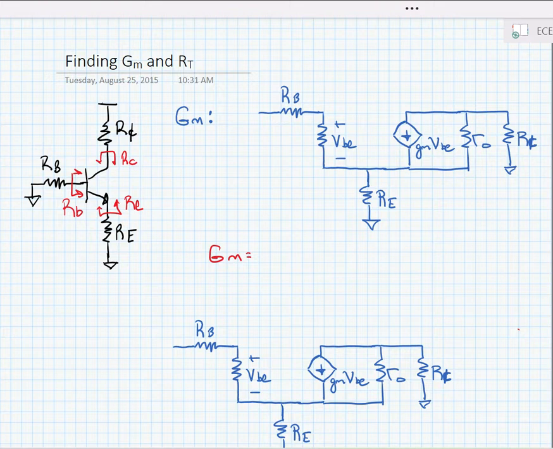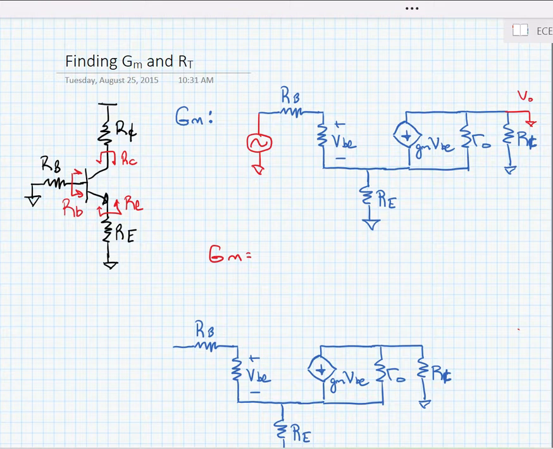So let's say we were going to find the GM for a common source amplifier. So we know for a common source amplifier, we would have our input on the base and our output voltage would be on the collector. Now, the definition for GM was the output current due to an input voltage when the output was short-circuited.